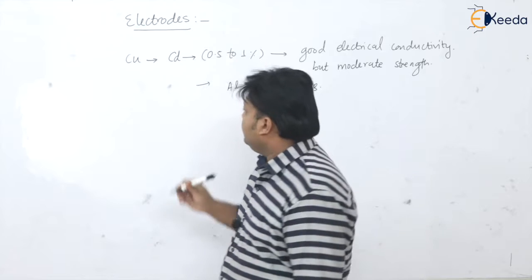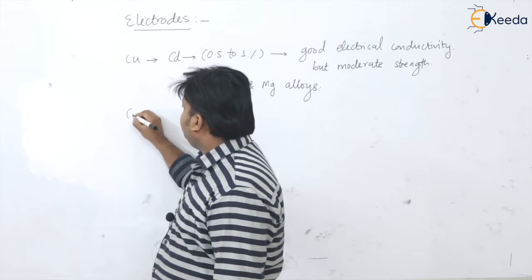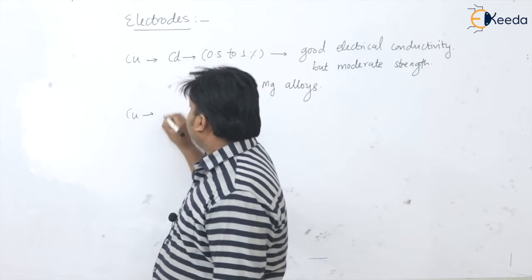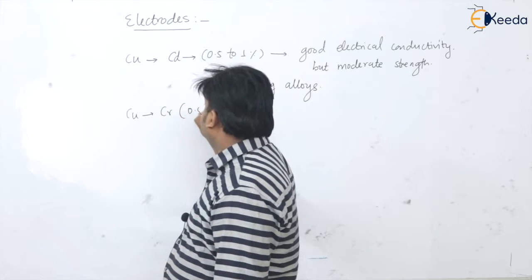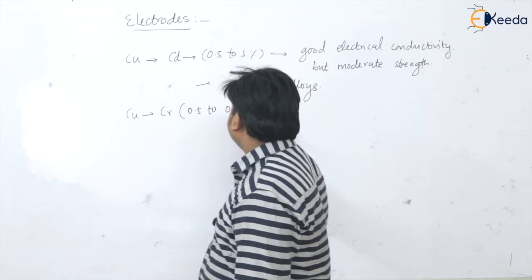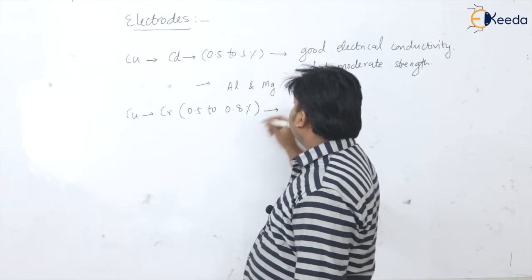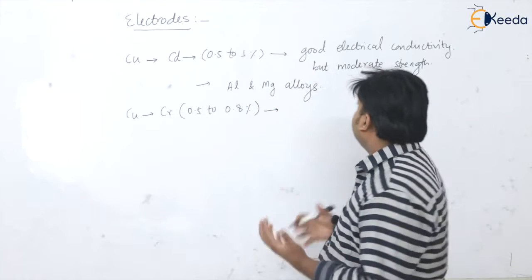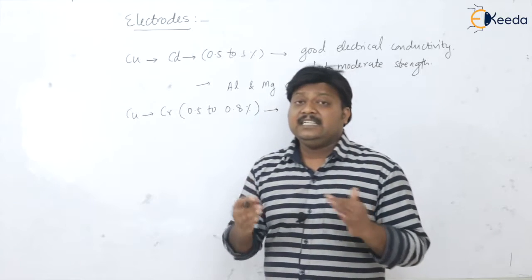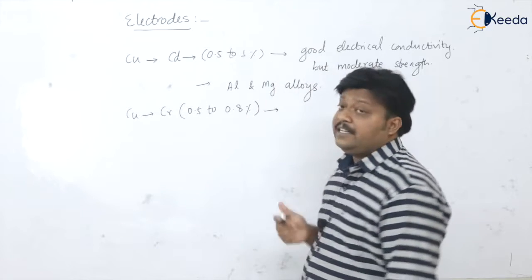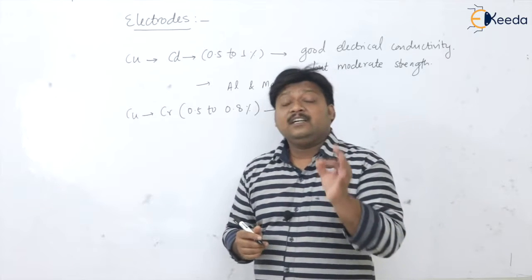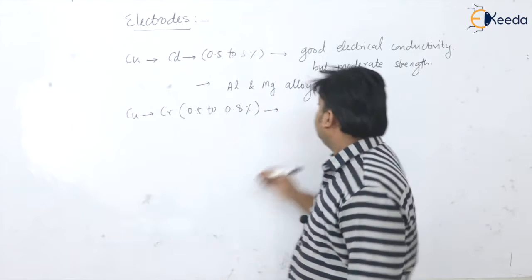Next, if we add chromium into the copper, from 0.5 to 0.8% chromium, then we get electrical conductivity slightly less than the above condition, but a very good strength for the electrode.